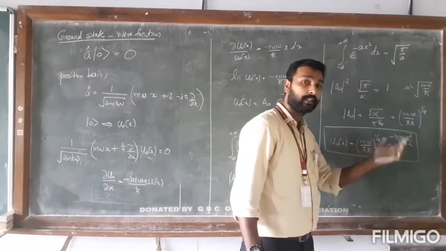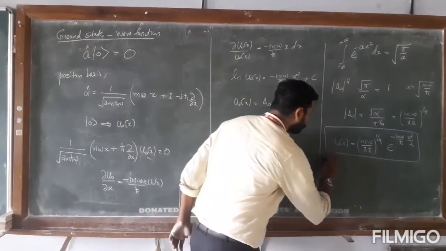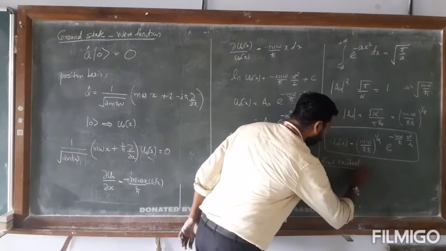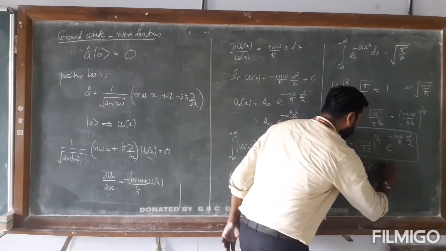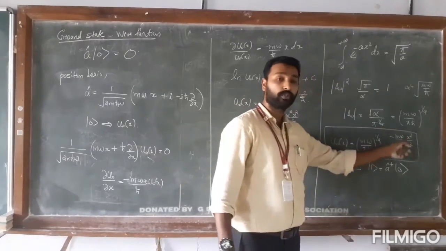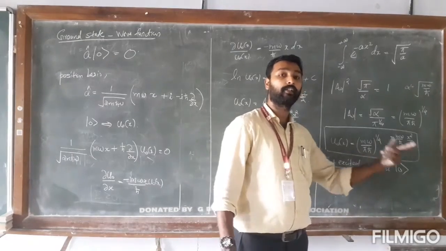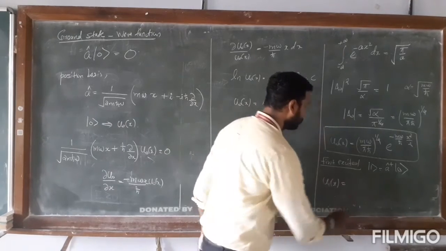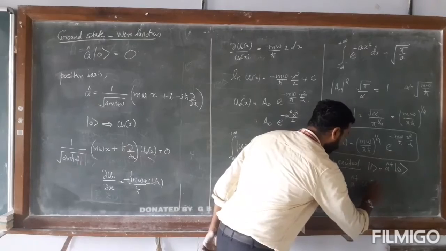Now from this I can find the functional form of the first excited state. So how to find the first excited state? The ket |1⟩ is given by a dagger acting on |0⟩. So since I have already found out my u0 of x, by acting a dagger on u0 of x, I can get u1. So u1 of x is simply equal to a dagger acting on u0 of x.